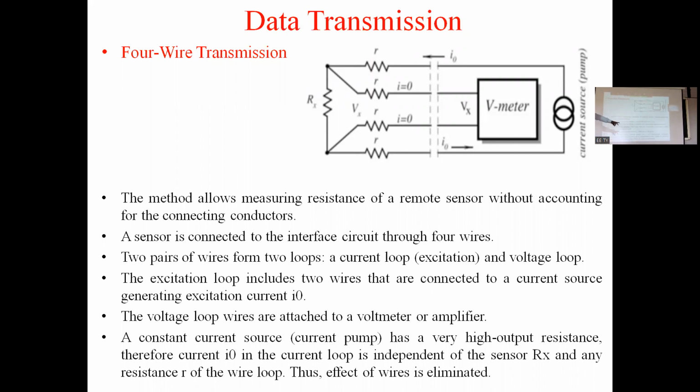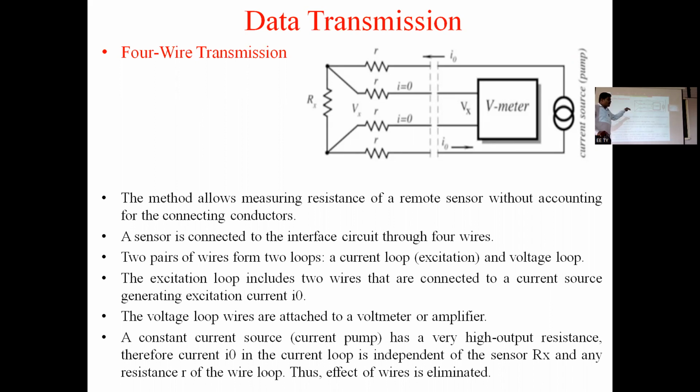It is independent of the sensor resistance Rx and any resistance R of the wire. Wire loop मध्ये कोणत्याही रेजिस्टन्स वरती डिपेंड नाहीये किंवा Rx रेजिस्टन्स वरती डिपेंड नाही. ओके.